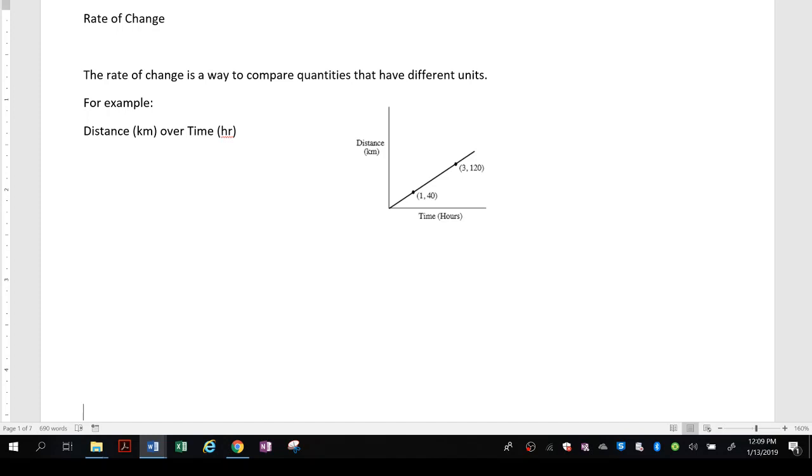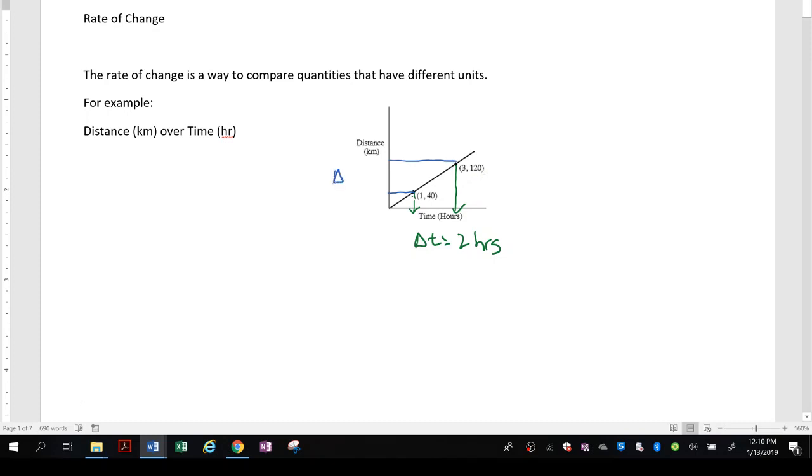Now, you'll notice here we have 2 points. Our change in time, when our time changes, this is 1, this is 3, so our change in time is 2 hours. And you'll notice as time changes here, our distance has changed from 40 kilometers to 120 kilometers.